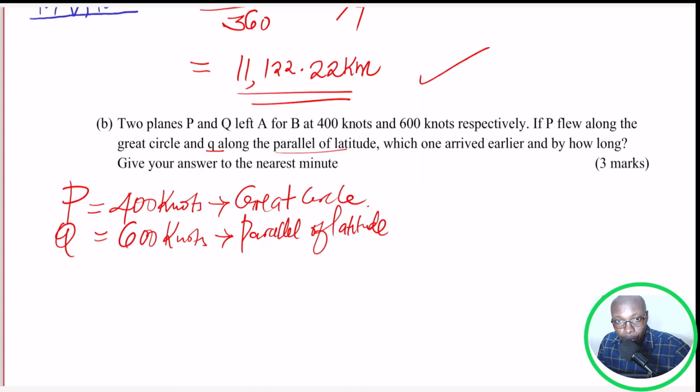This is the same way we get the speed in kilometers per hour, by using distance in kilometers and time in hours. So we need to get the time taken by P. How do we get time? Time is distance over the speed.